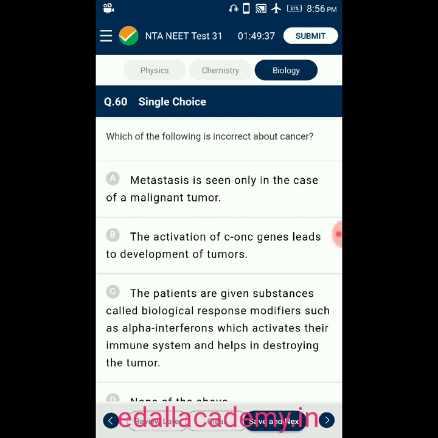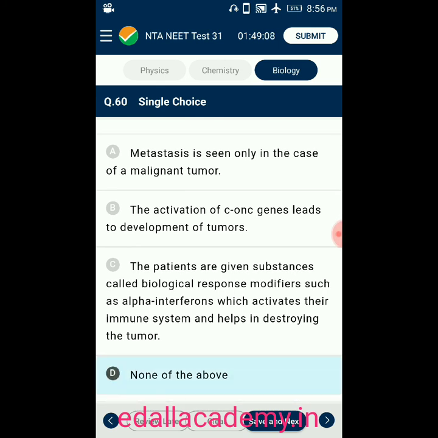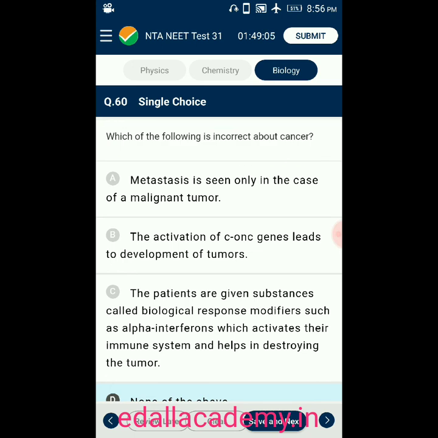Several genes called cellular oncogenes, or proto-oncogenes, are found in normal cells, which when activated under certain conditions could lead to oncogenic transformation of the cells. The patients are given substances called biological response modifiers such as alpha interferons, which activate their immune system and help in destroying the tumor. So the answer for this question is option D. From the given statements, none of the statements is incorrect about cancer.